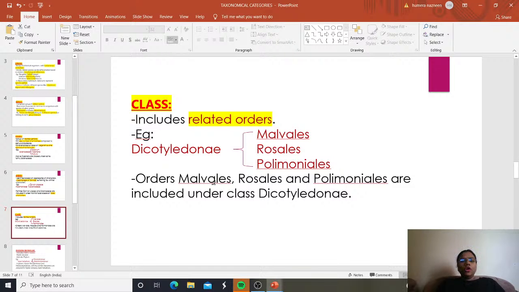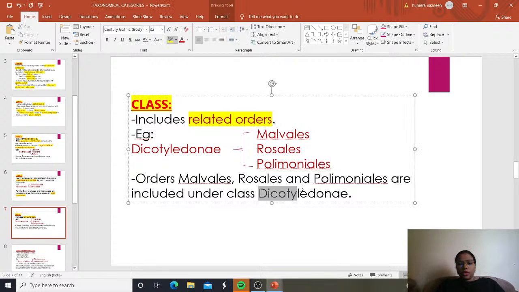Orders Malvales, Rosales and Polymoniales are included under class Dicotyledonae. Based on few similar characters, they are placed under a single class. This is the class in which these three different orders are placed. Clear?